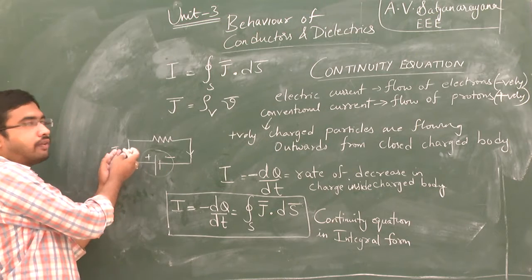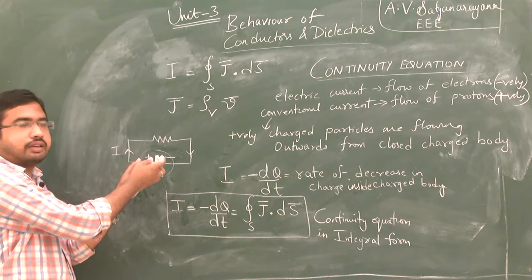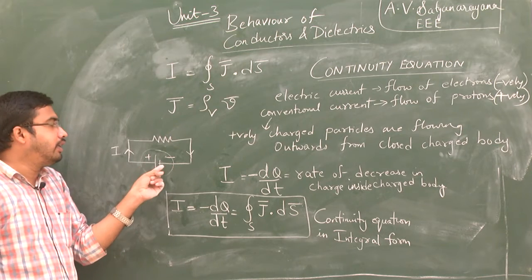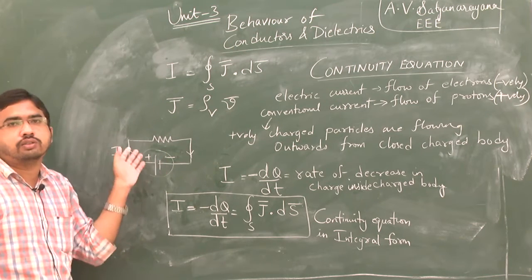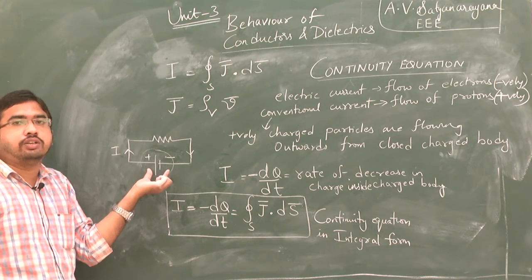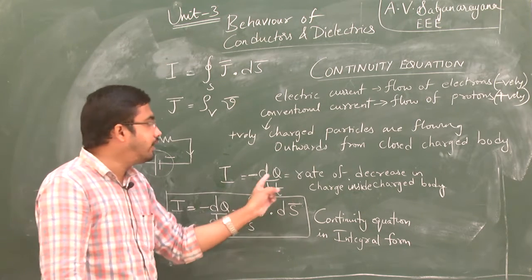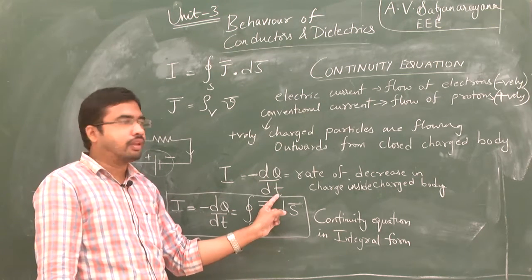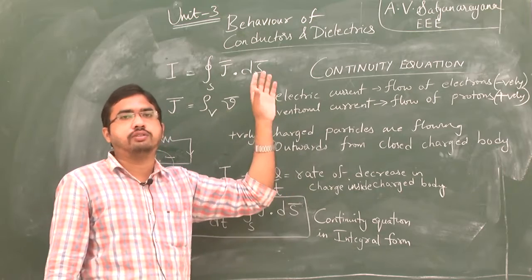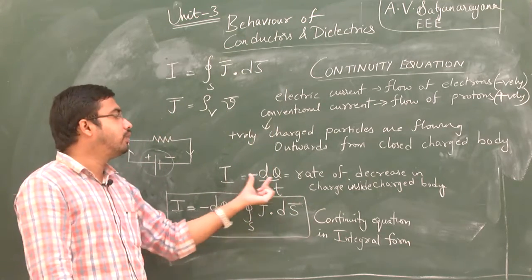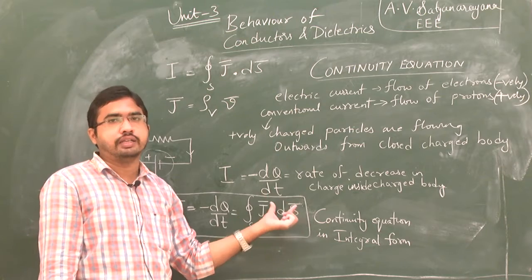It is giving some conventional current, means positive particles are coming outwards from this body. As it is going on giving the charge outwards, what will happen to the dq by dt inside this body? It will decrease. That's why I am writing minus dq by dt. So as it is giving away the positive charge, the charge inside that body will decrease. So I equal to minus dq by dt.